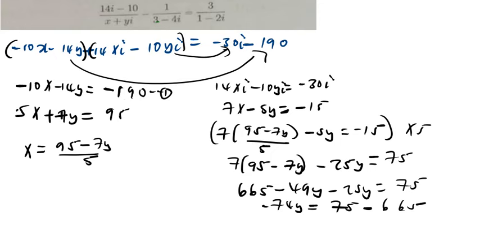Can I just continue it from the top here? So I have negative 74y being equal to 665, then you do minus 75, so it's negative 590, divided by negative 74. y will be equal to... so can we reduce a bit?